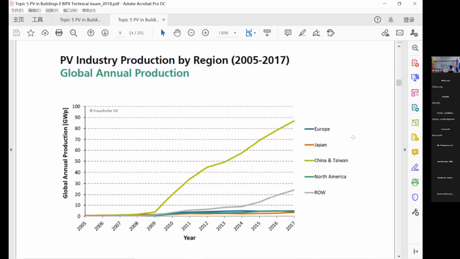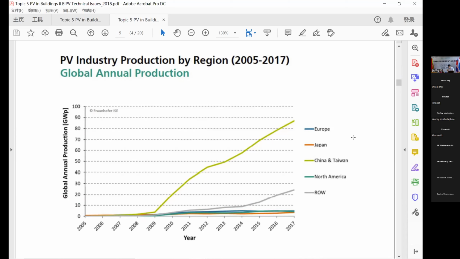And about 2009, China and Taiwan experienced a high increase of the global annual production, especially from 2009 to 2012, a very high development. But compared to Europe and Japan, they experienced relatively low growth.